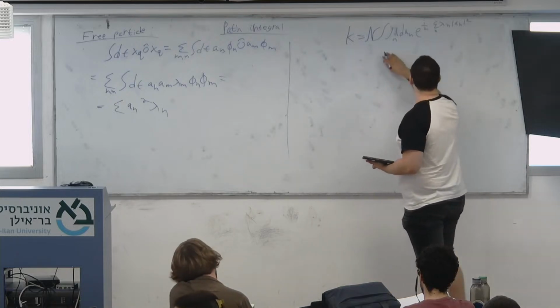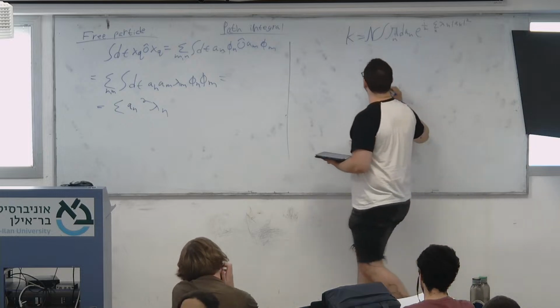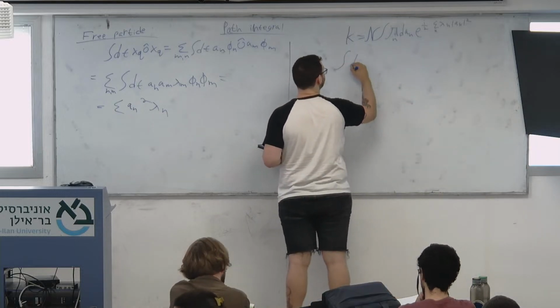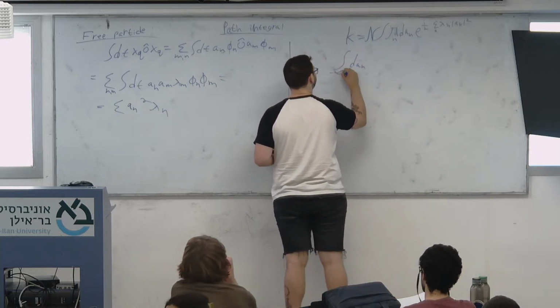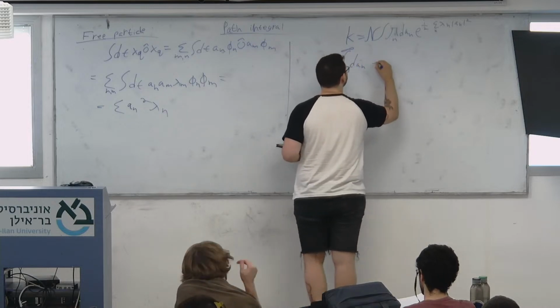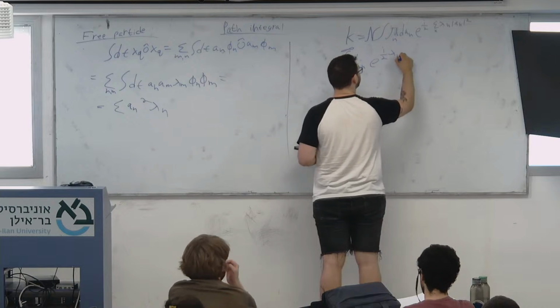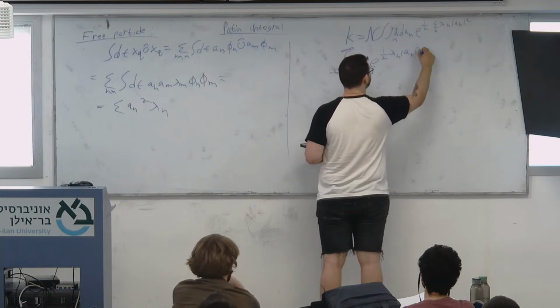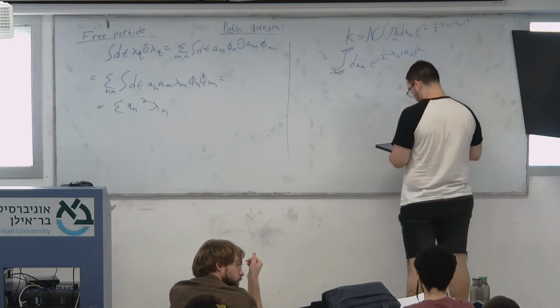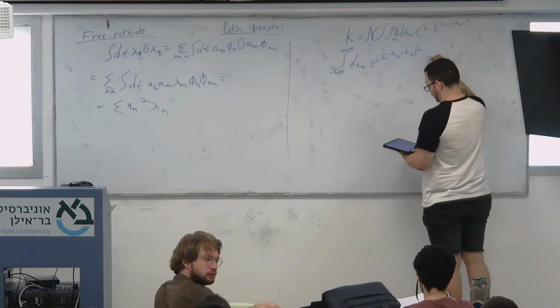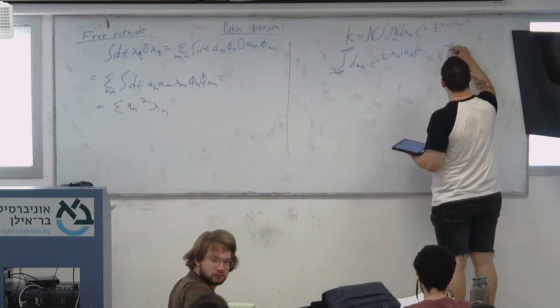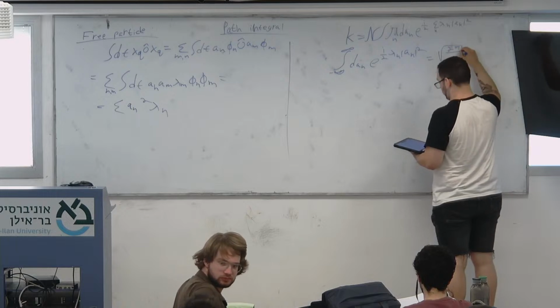So, for each one of these n's, there will be an integration of dAn from minus infinity to infinity of e to the I divided by 2 lambda n an squared. This is a known solution of square root of 2 pi I divided by.